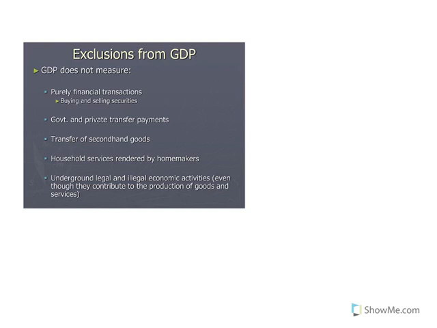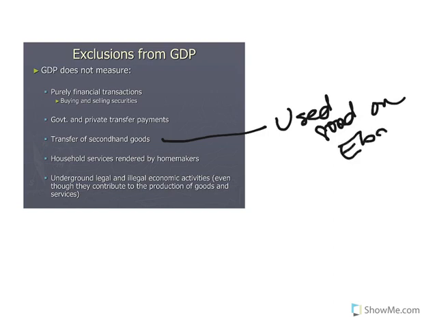Any transfer of secondhand goods would not be included in GDP. So again, think of something like a used good on eBay or at a garage sale. Those goods would not be included in GDP because they were already included in GDP in the year they were produced.